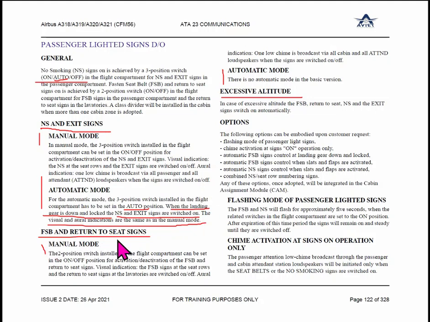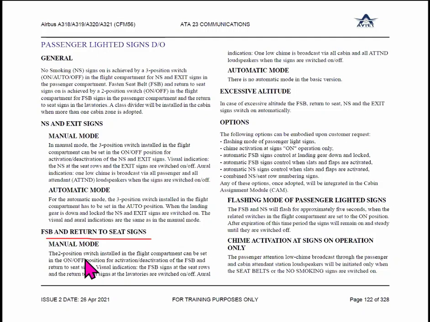Fasten seatbelt and return to seat sign. In manual mode, when you put it on, it will be on. For the fasten seatbelt and return to seat sign, there is no automatic mode in the basic version. Now, keep in mind, it talks about the basic version. But this sign is also automatic in automatic mode as well.